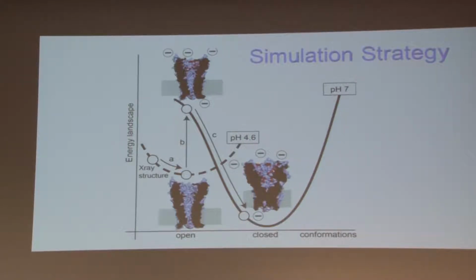If we think of the free energy surface that is experienced by the channel during the isomerization, we can think that actually there are two free energy surfaces. One corresponds to the bound state in the presence of ligands, of agonists, which stabilizes the open channel state, and another free energy surface is the one of the unbound state, which actually favors the closed channel state.